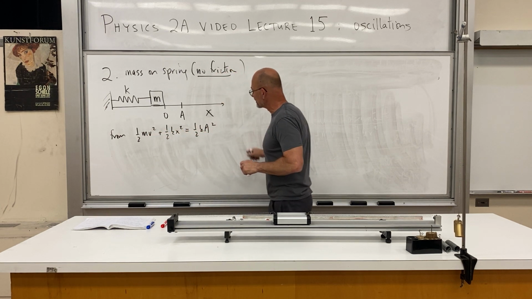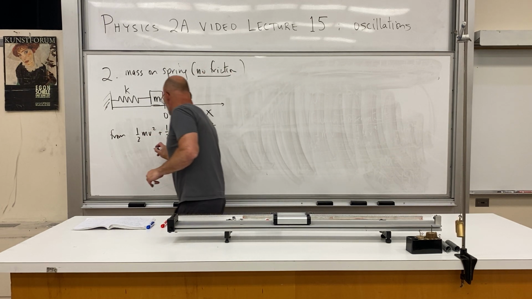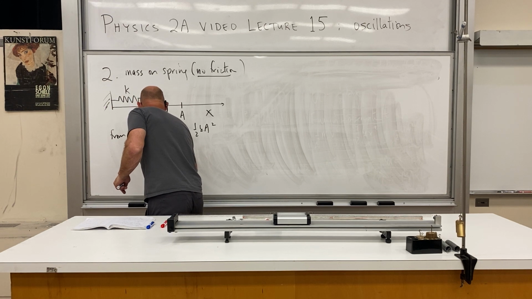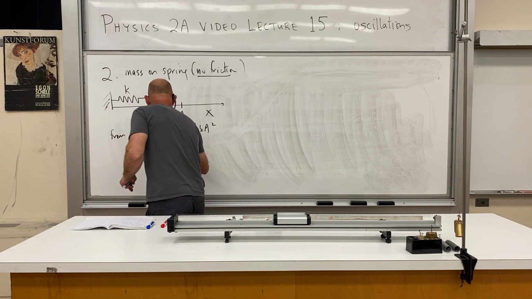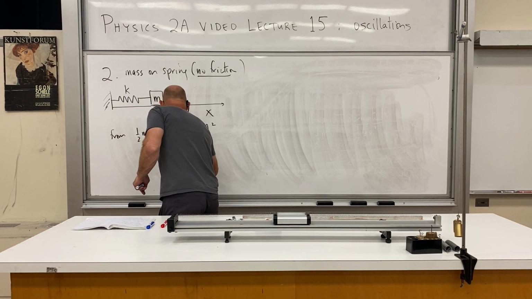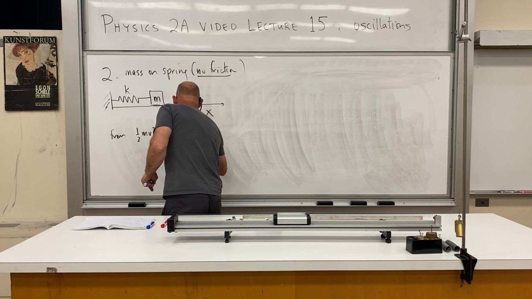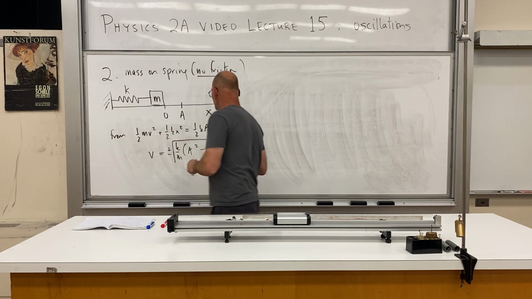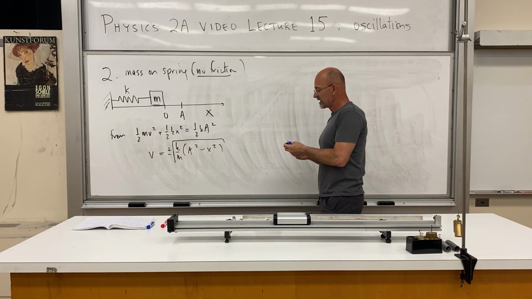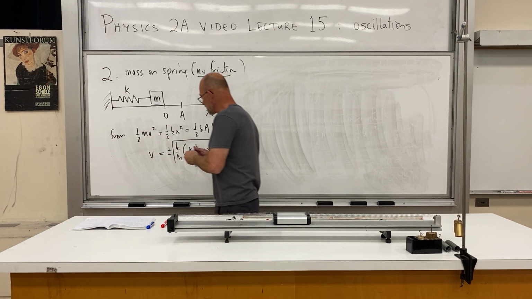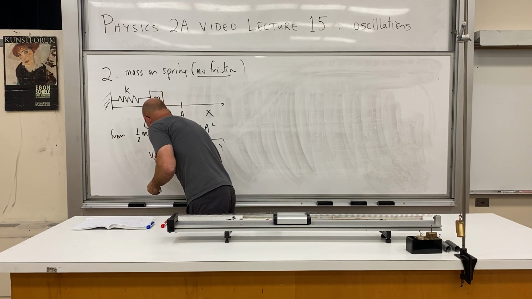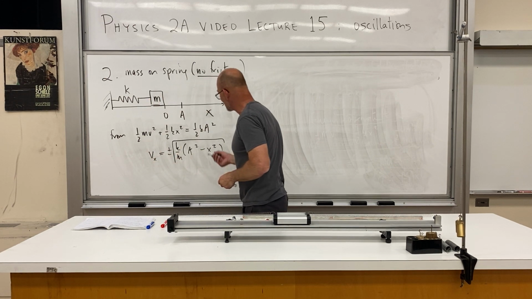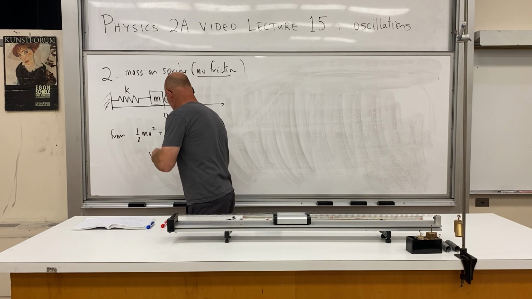The 1/2s cancel everywhere, and we're going to end up taking the square root. So we're going to have v equals plus or minus the square root of k over m times (a squared minus x squared). So there we have the velocity. I'm even going to call this v sub x in light of some developments that are about to come.